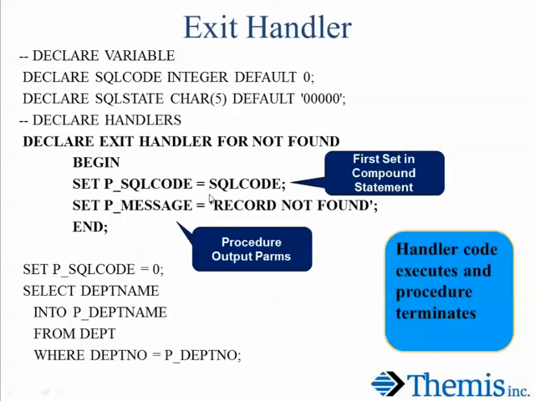We're going to move the SQL code to the parameter SQL code we're going to pass back to the caller. We're going to move the message, record not found, to the message, and then since it's an exit handler, we'll return to the caller.